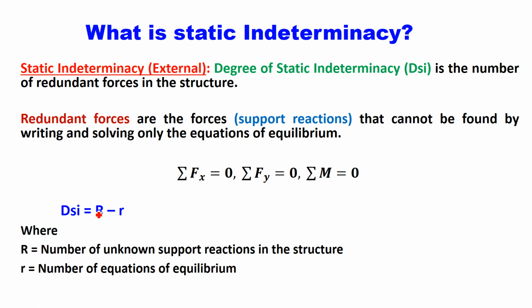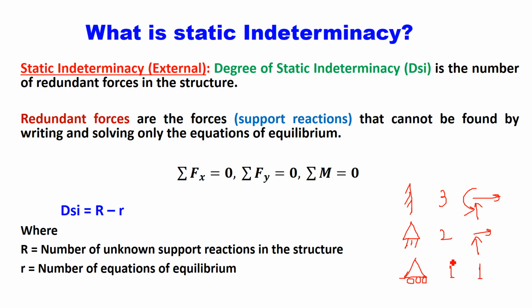When you calculate the total number of support reactions, capital R, at a fixed support there are three reactions: horizontal reaction, vertical reaction and moment. At a hinge support there are two reactions: horizontal and vertical. At a roller support there is only one reaction, the vertical reaction.